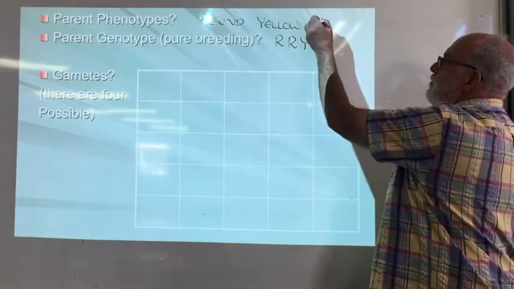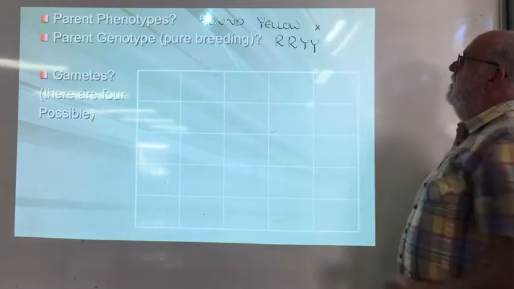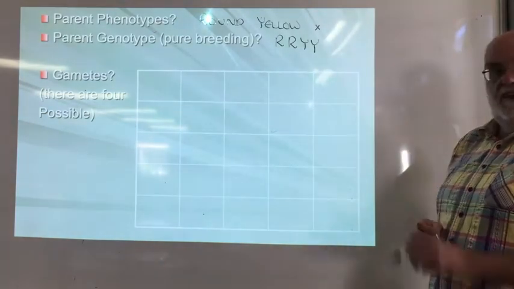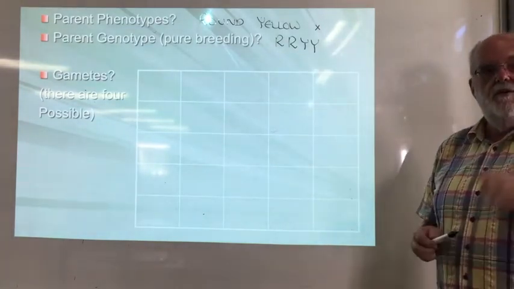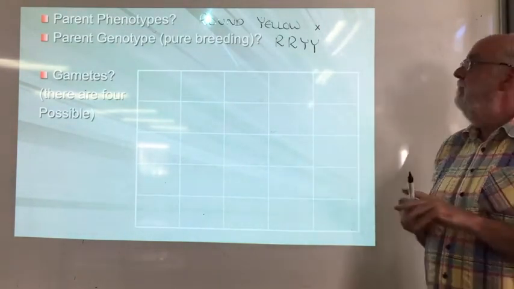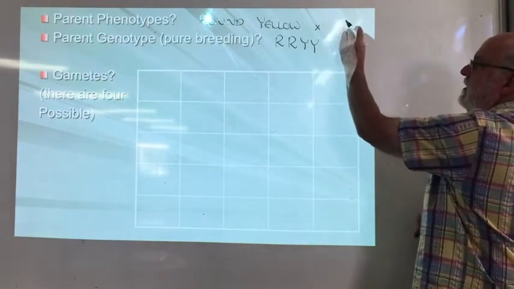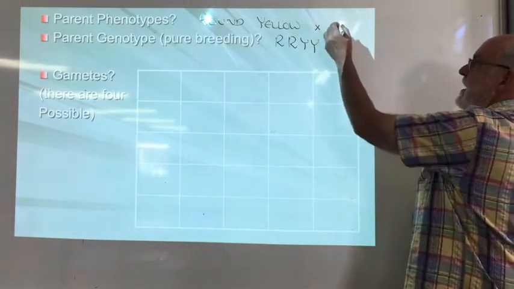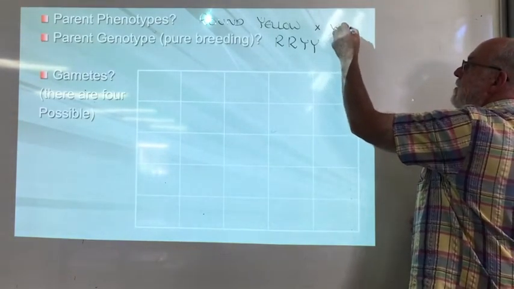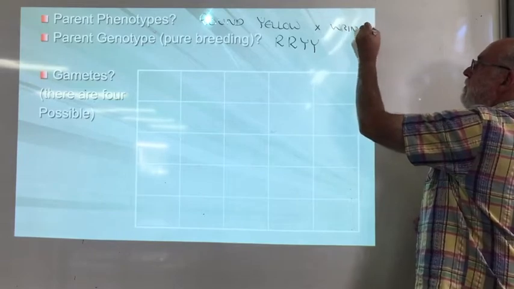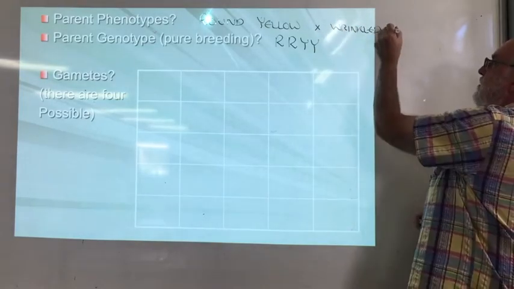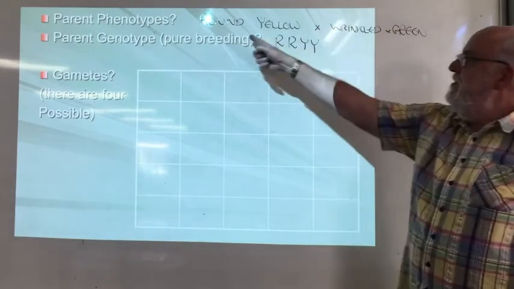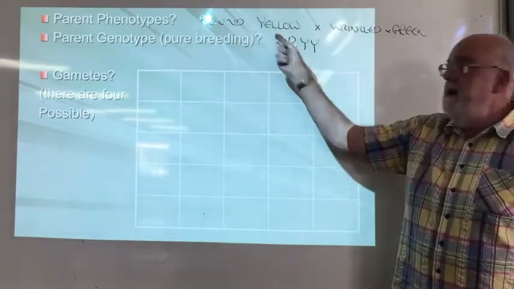This is being crossed with the recessive homozygous, just like we did with the monohybrid cross, where we crossed a brown-eyed person with a blue-eyed person. So the recessive phenotype is going to be wrinkled, and it's going to be green. Because wrinkled is recessive to round, and green is recessive to yellow.